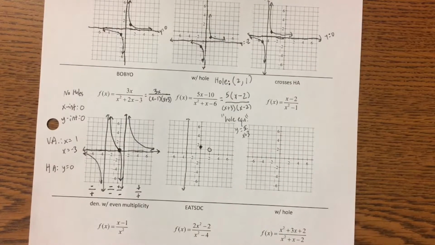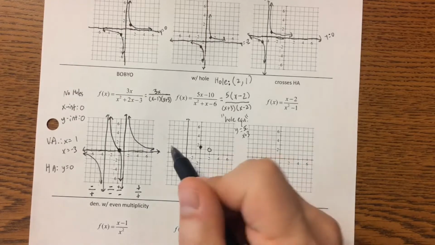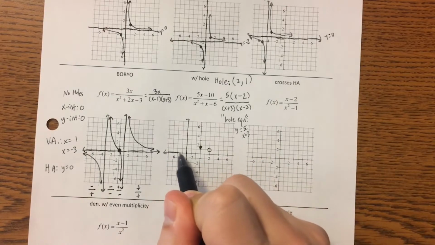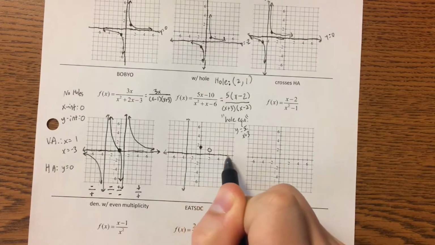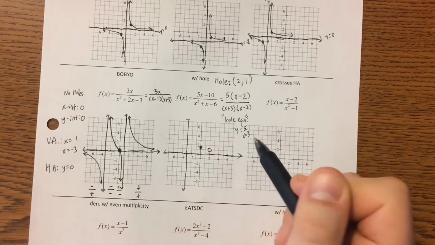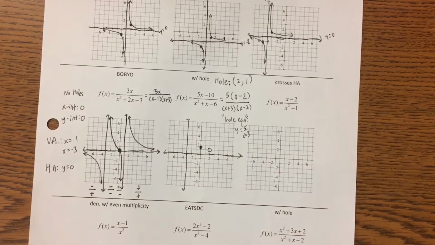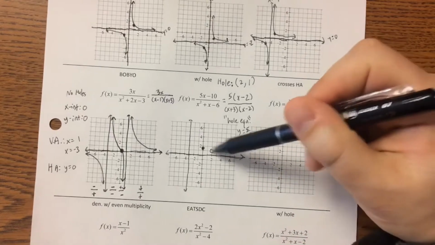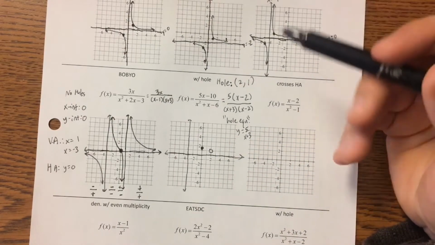Now this is another bigger-on-bottom rational function. So my horizontal asymptote is going to be at 0. There's only going to be 2 intervals here, right? Because there's only one place where we have either a vertical asymptote or a 0. And we already have 2 representatives from that section.